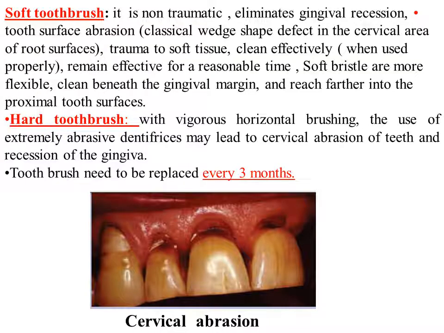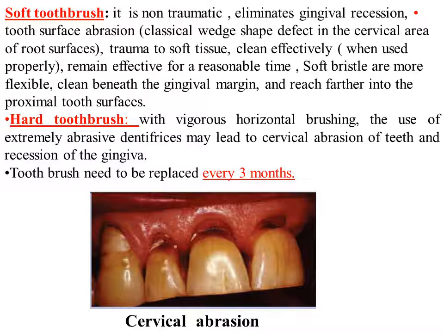It is non-traumatic, eliminates gingival incision and tooth surface abrasion, which is a classical wedge-shaped defect in the cervical area of root surfaces. It causes less trauma to soft tissue, cleans effectively when used properly, and remains effective for a reasonable time. Soft bristles are more flexible, clean beneath the gingival margin, and reach farther into the proximal tooth surfaces.